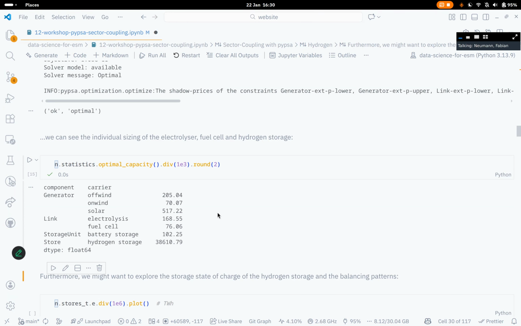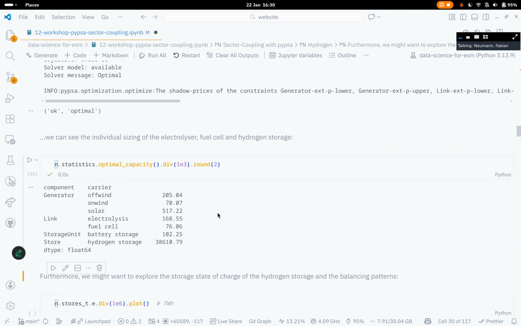For links, the capacity is always measured in the unit of bus 0. So the electrolyzer with bus 0 electricity has a capacity of 168 gigawatts electric capacity, and the fuel cell with bus 0 on the hydrogen side has a 76 gigawatt hydrogen capacity.